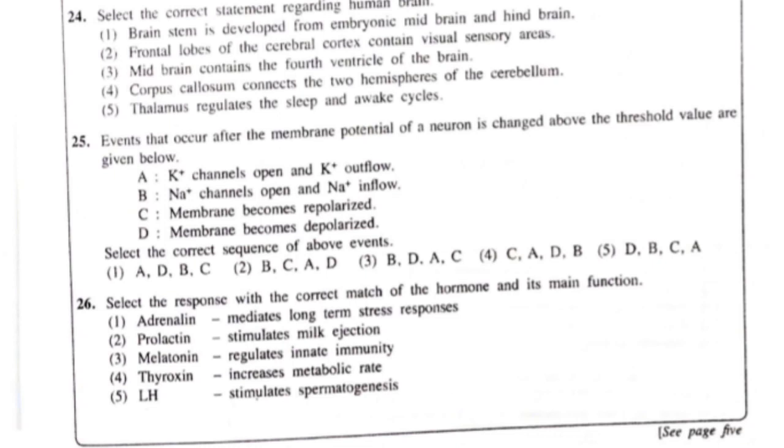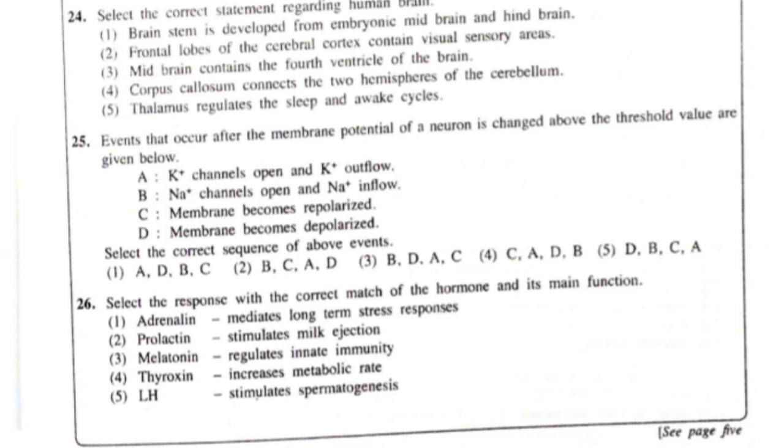So the order is firstly sodium channels open and sodium ions flow in. Then secondly, the membrane becomes depolarized. That means the membrane becomes more positive. Thirdly, potassium channels open and then there will be a potassium ion outflow. So because of that, the membrane becomes repolarized. That means the positive nature decreases. So the answer is answer number 3.